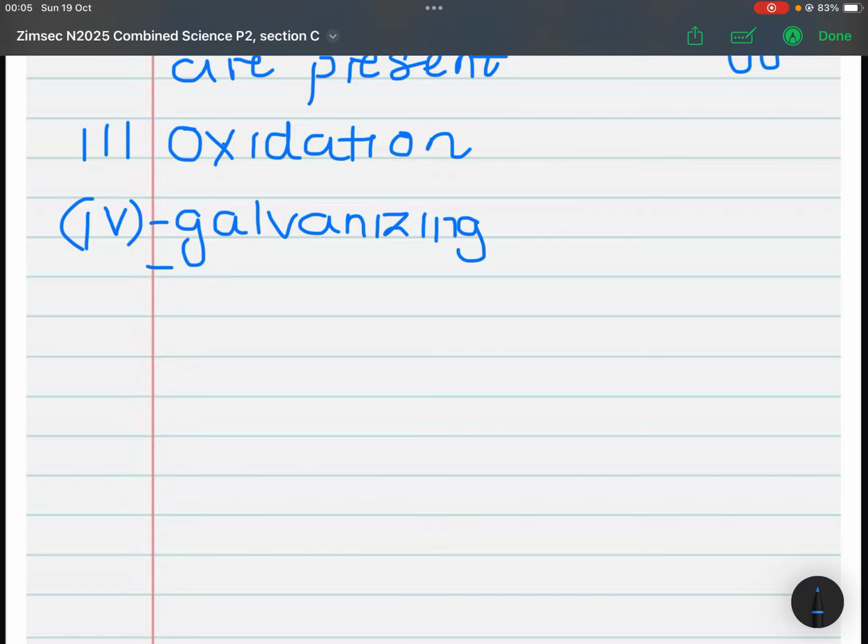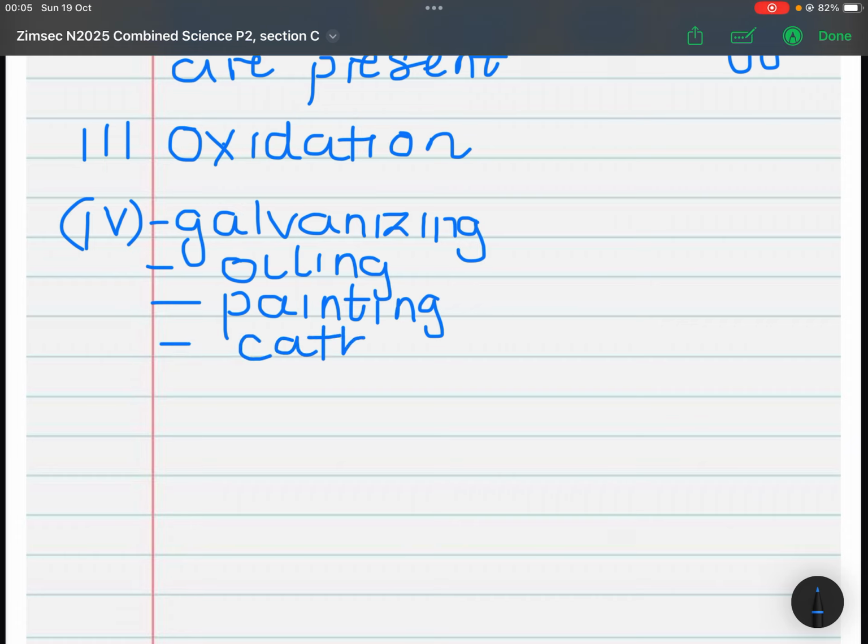Another method, we talk about oiling. Another method is known as painting. Another method is known as cathodic protection.